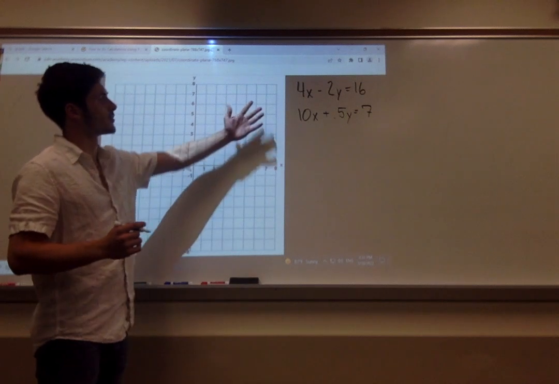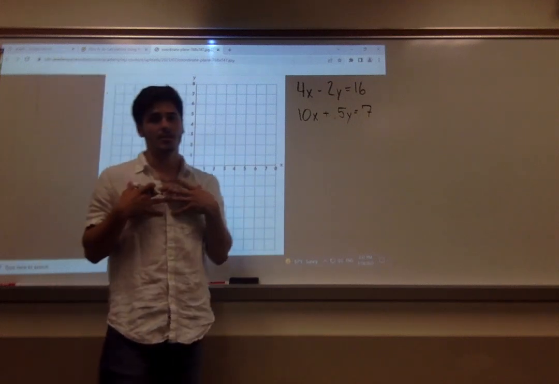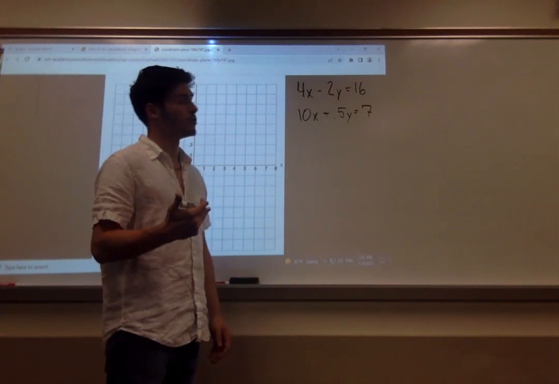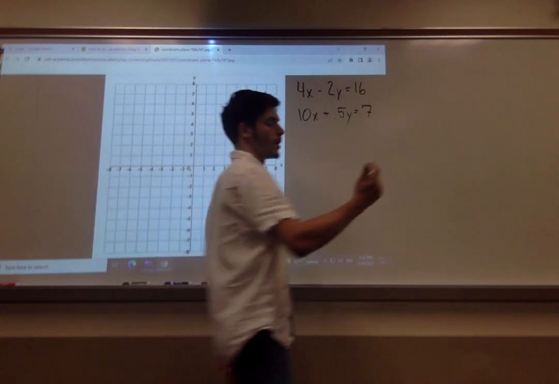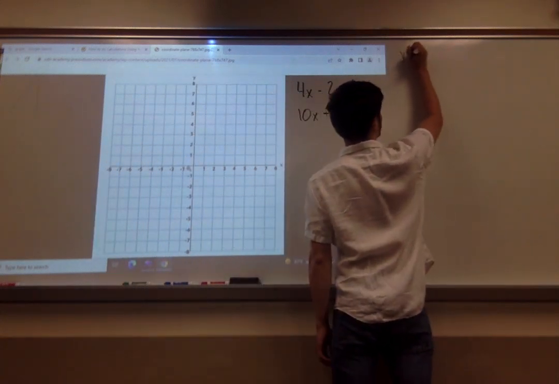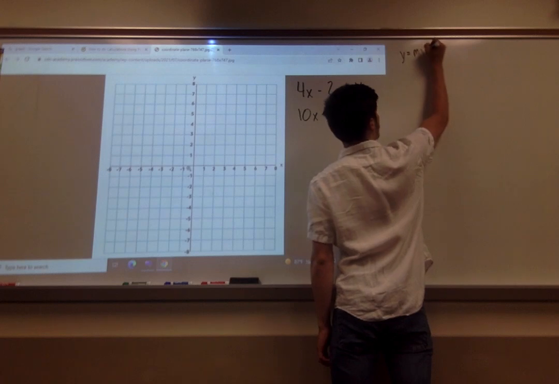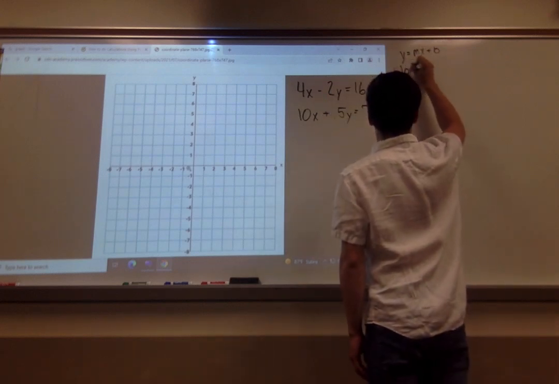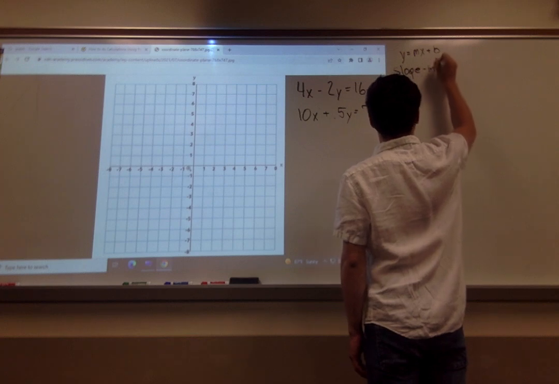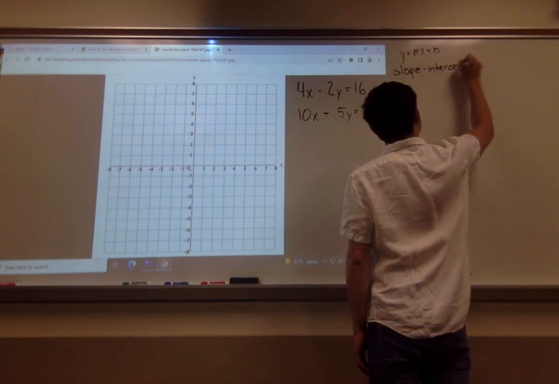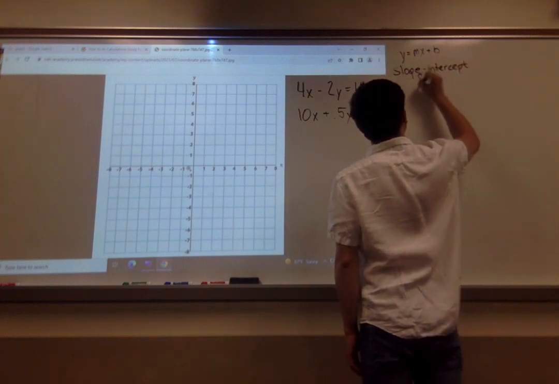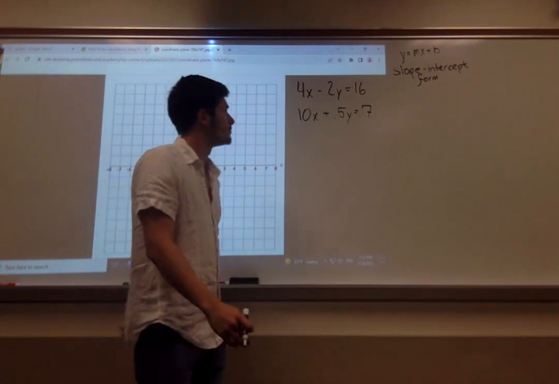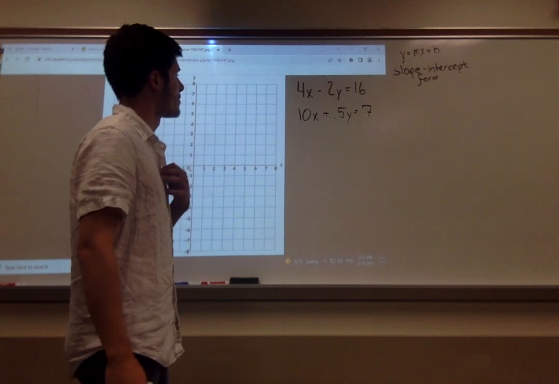To solve systems of equations like this, I think it's kind of hard to graph equations when they look like that. So what we're going to do is change it into y equals mx plus b, which is slope-intercept form. Once again, that's slope-intercept form. I wrote it up there for you.